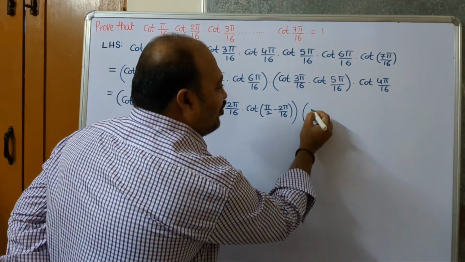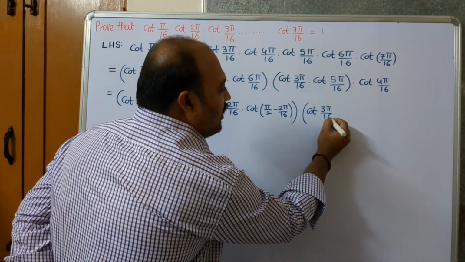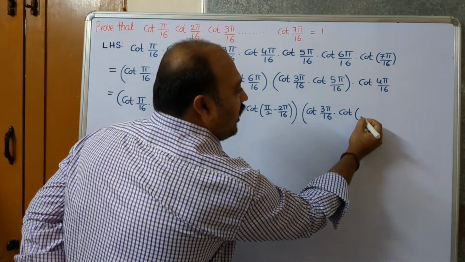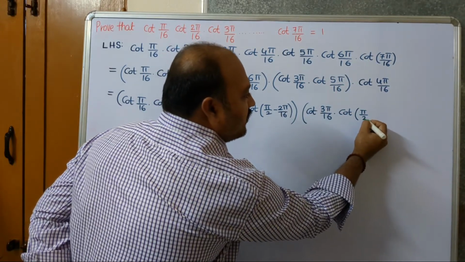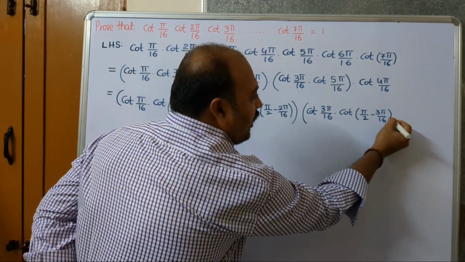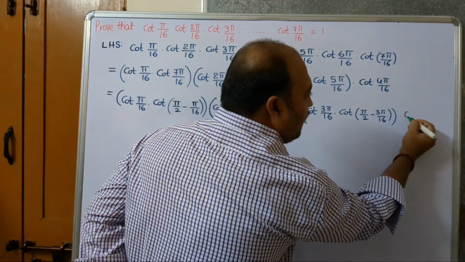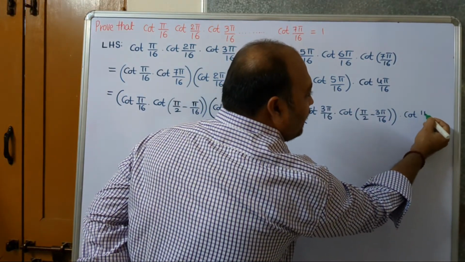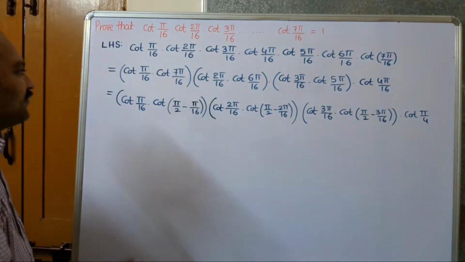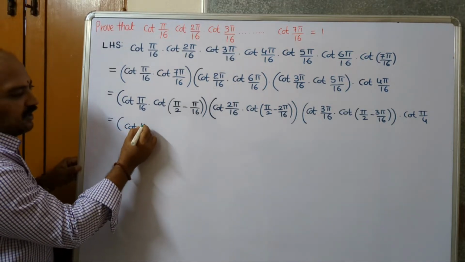Next, cot 3 pi by 16 into cot of pi by 2 minus 3 pi by 16, into, here, 4 fours, so it comes as cot pi by 4. In the next step, we will write it as 1. Okay, dear students.